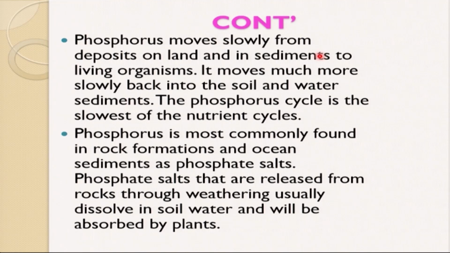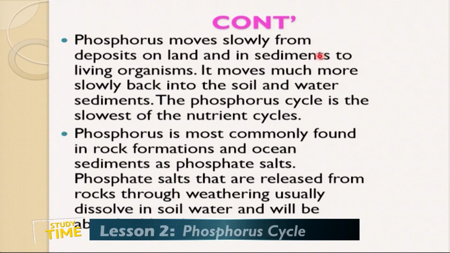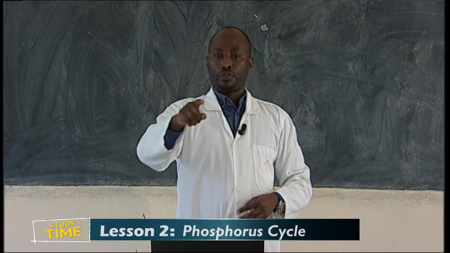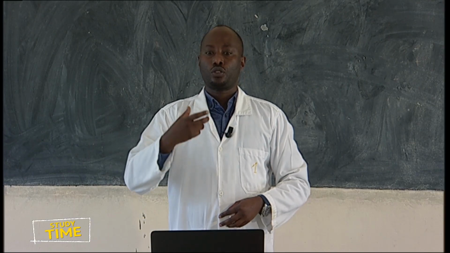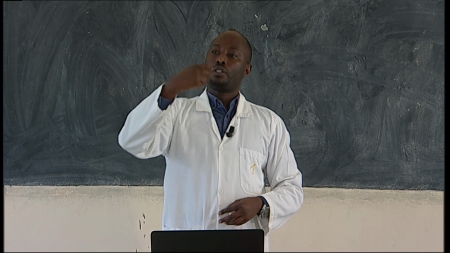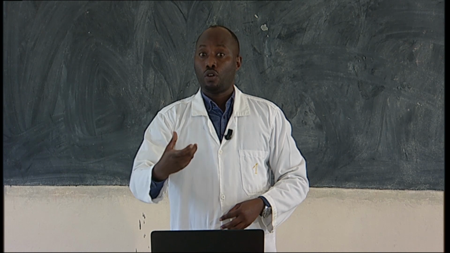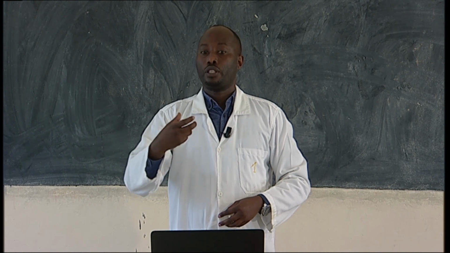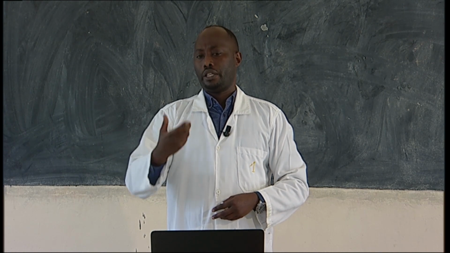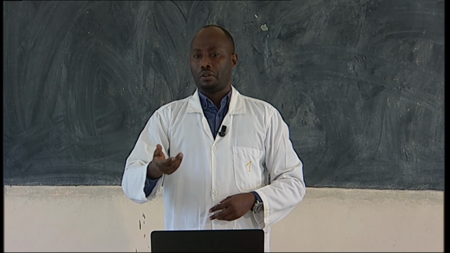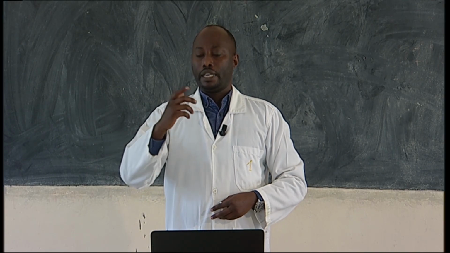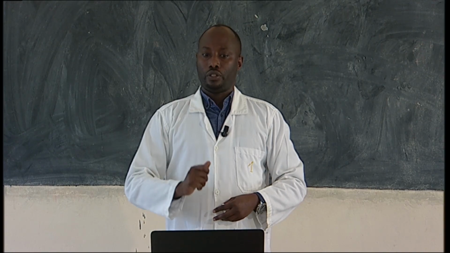It moves even more slowly back into the soil and water sediments. So the phosphorus cycle is the slowest of the nutrient cycles, compared with the water cycle, carbon cycle, and even the nitrogen cycle.